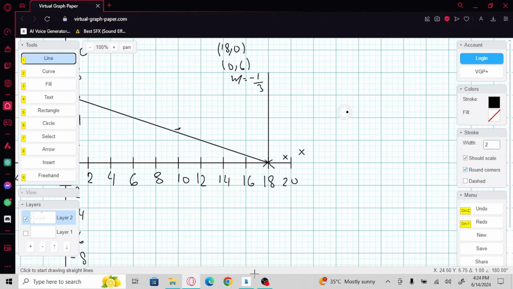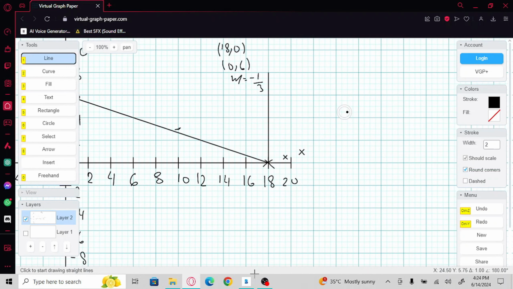We need more graph paper actually. Let me first find out.